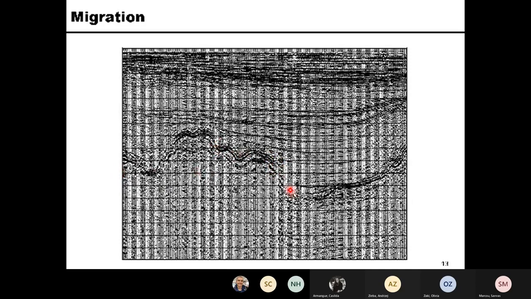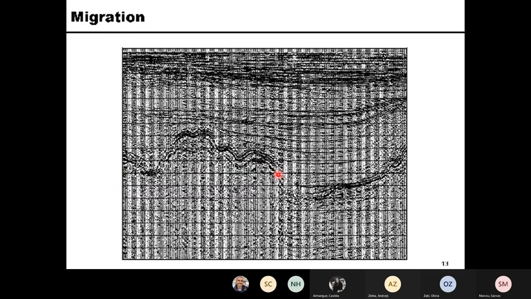Here is the end of a structure. Maybe this is some discontinuity here. So this one, the terminal point of a structure, is like a scatterer, right? So that means in your seismic profile you should find a diffraction, right?